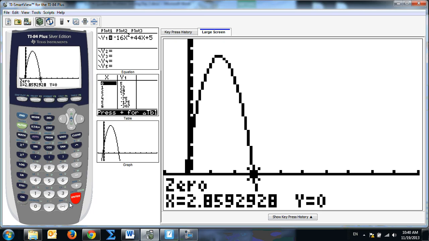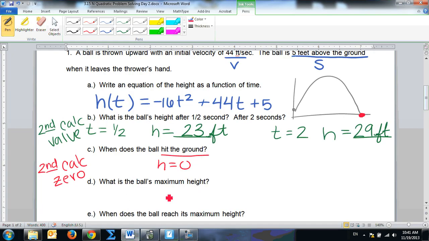On the calculus exam, you will have to round to the nearest thousandth, so that's always your default. Okay? So what this means is at time what? 2.859 seconds. The ball is on the ground.